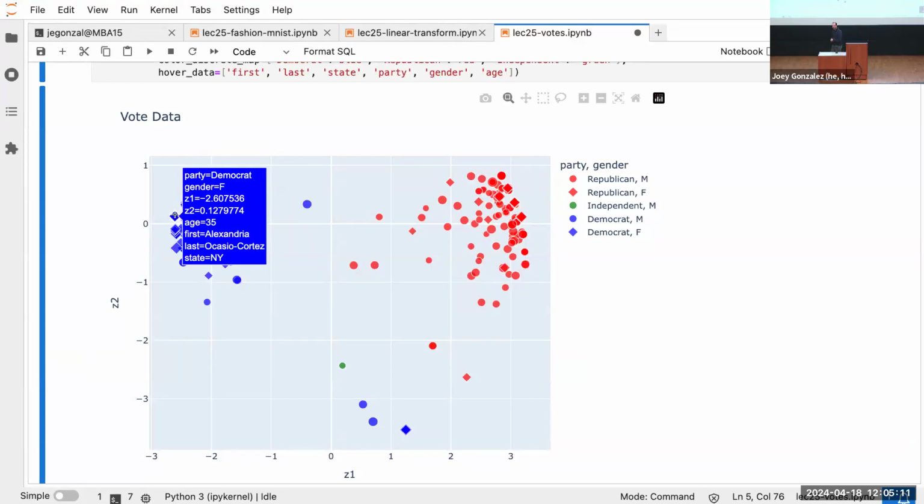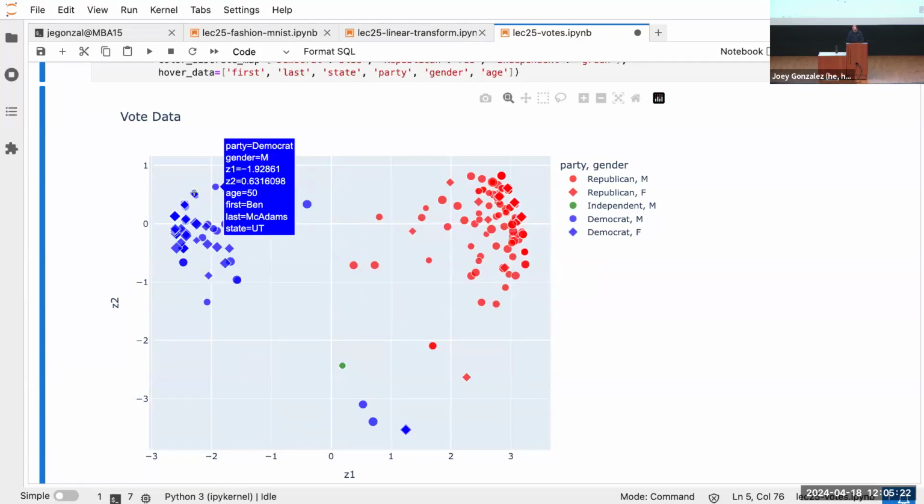It's just a coincidence, by the way, that this organized left to right. I could have taken the reverse eigenvector, but that's what we got. So the Z1 principal component explains a lot of how people vote. And in some sense, that Z1 principal component is their political affiliation, which we might have expected if you follow US politics.